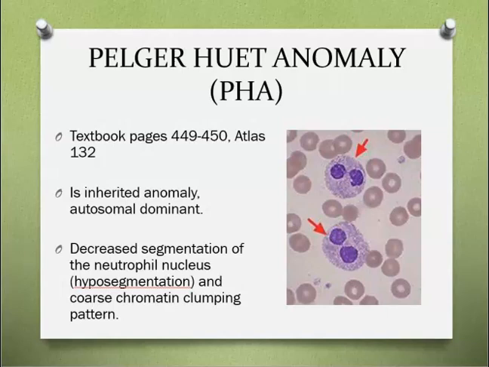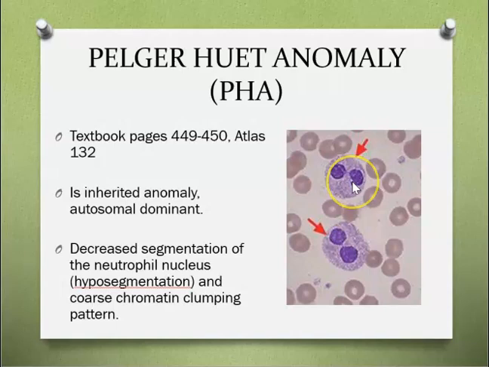You have decreased segmentation of your neutrophils. Usually you have your 2 to 5 segments in a normal neutrophil. So if it has decreased segmentation, you're going to have 2 or less segments. So it's hyposegmented. And you're going to have coarse clumping of your chromatin inside of the nucleus of the Pelger-Hewitt affected cells.